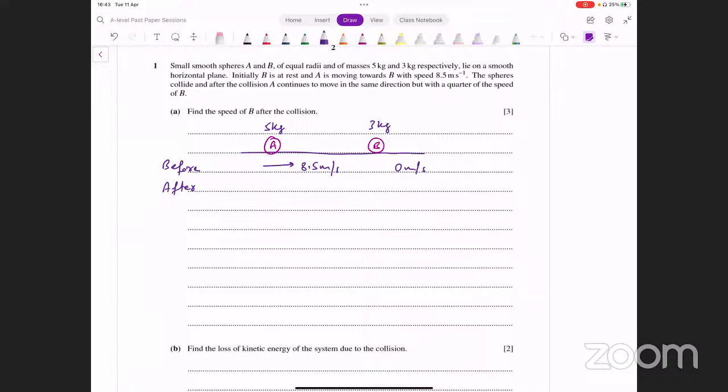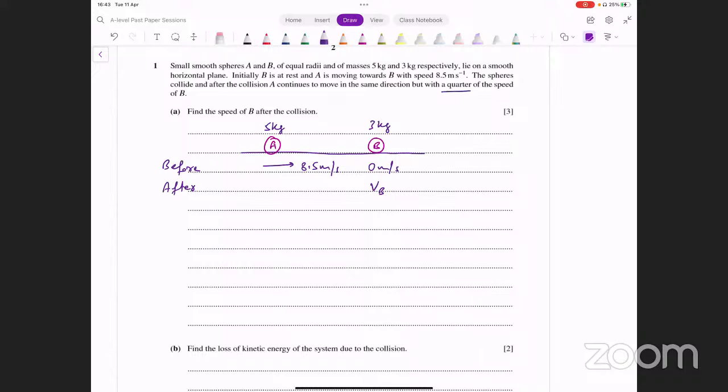What we can do is we can say, let's call the speed of B after collision V. We can represent it by V, let's say VB. What about the speed of A?